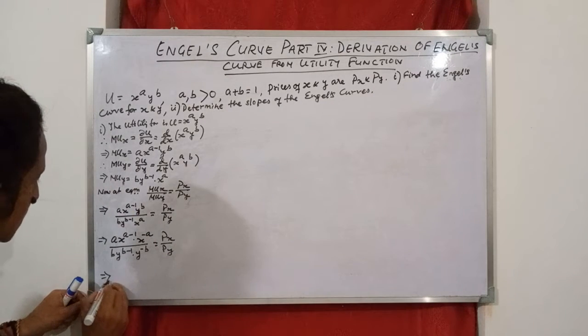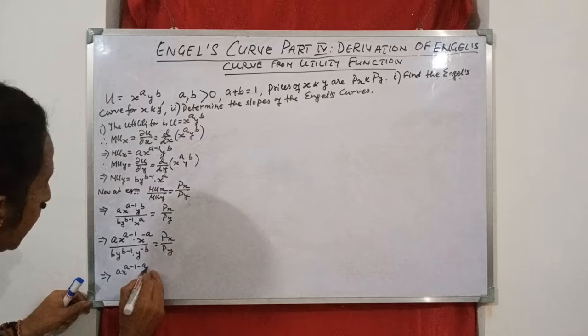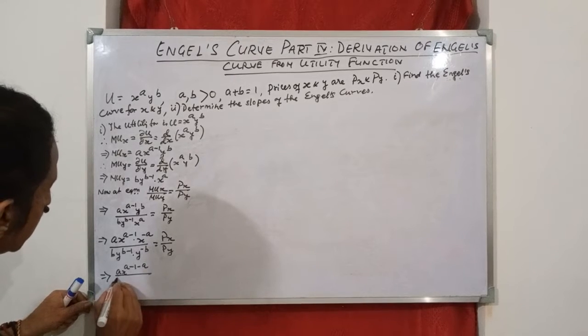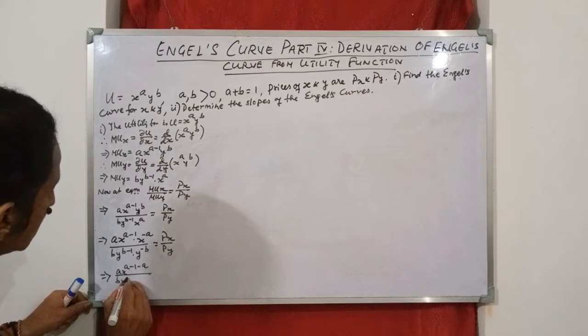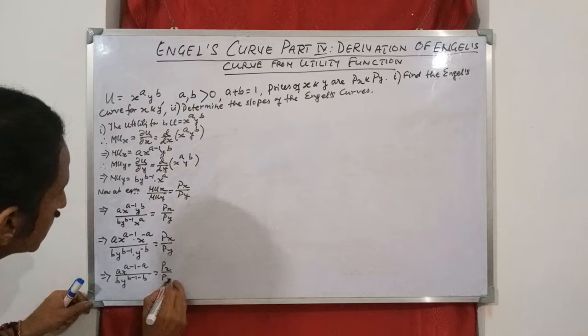This gives us a x to the power a minus 1 minus a, divided by b y to the power b minus 1 minus b, equals px by py.